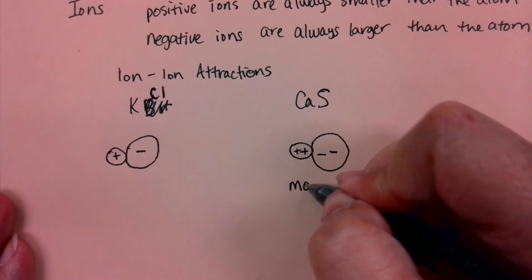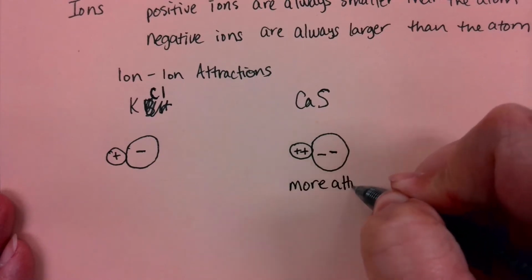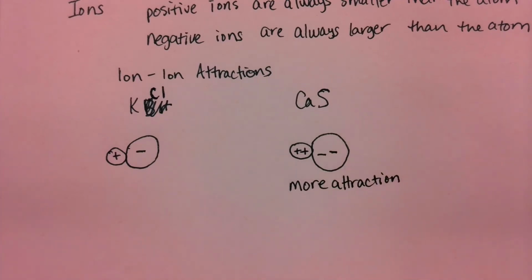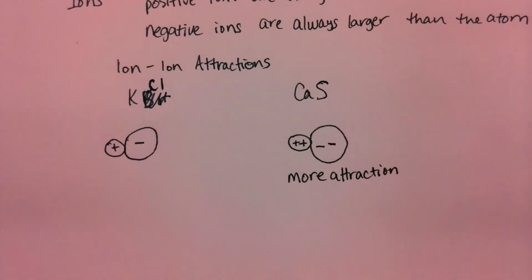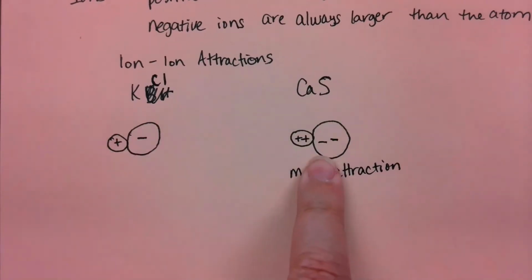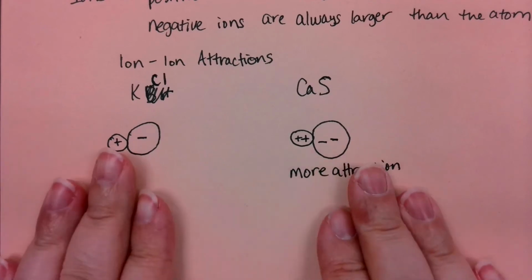So this one is going to experience more attraction. Melting calcium sulfide is going to require way more energy than melting potassium chloride, because these two are much more attracted to each other: they have double the charge, so double the attraction, and they have comparable sizes.